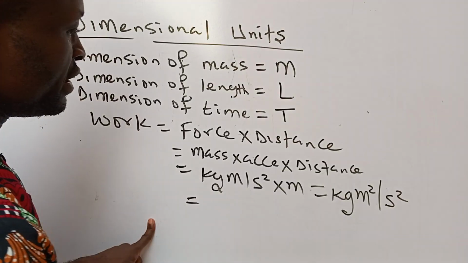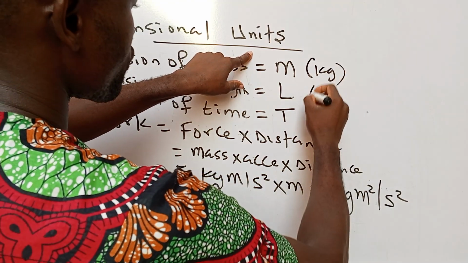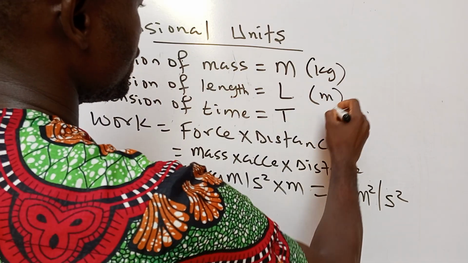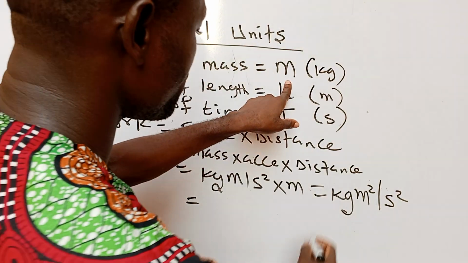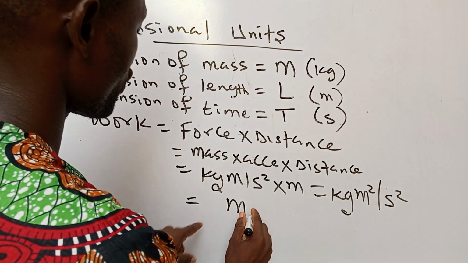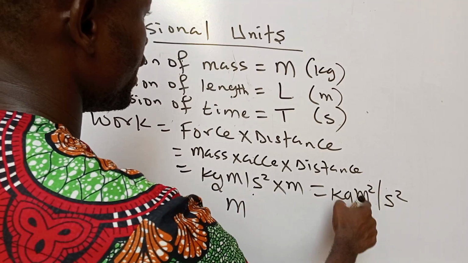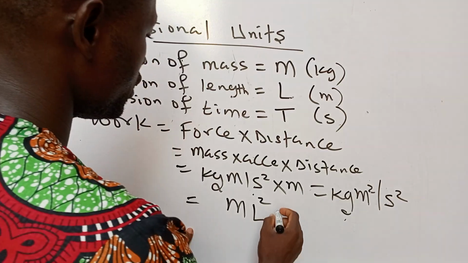But dimensionally, anywhere we see kilogram, we replace it by writing M. Anywhere we see meter, we replace it by writing L raised to power 2 here.